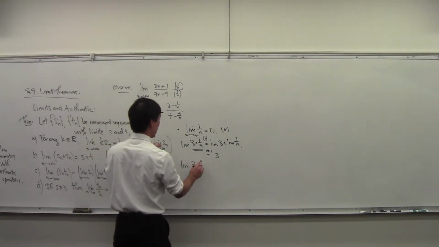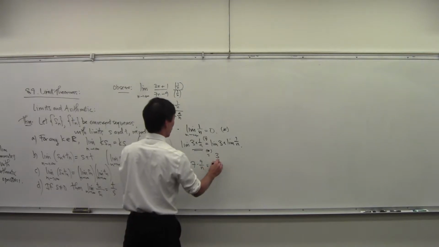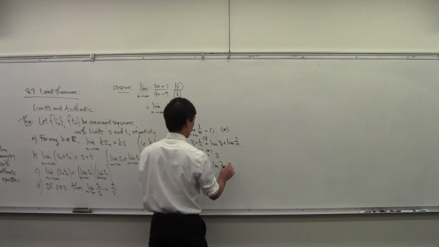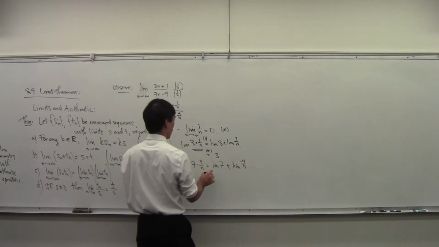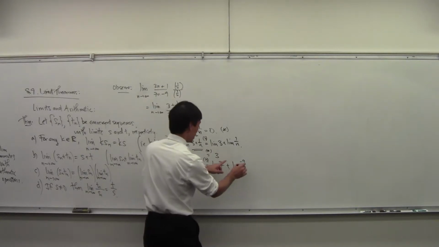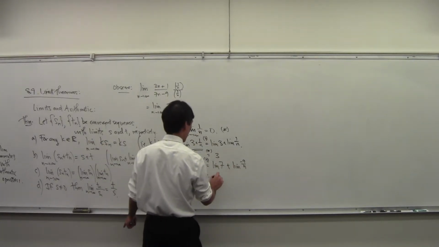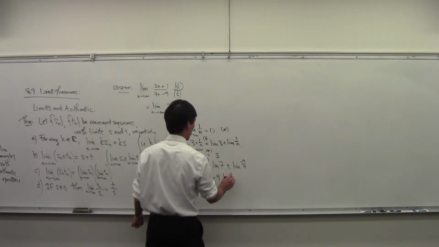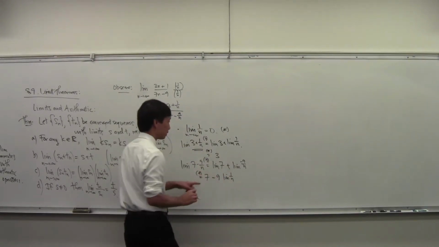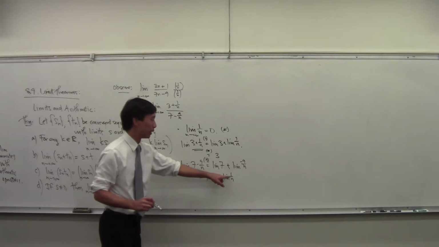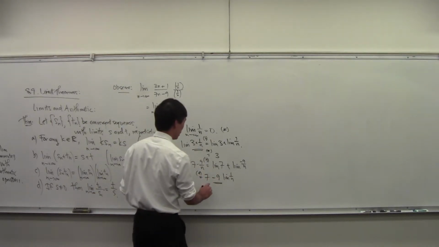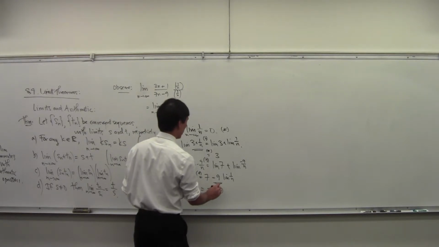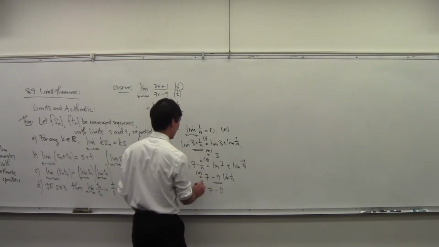The limit of 7 minus 9 over n equals the limit of 7 plus the limit of negative 9 over n, again by B, which is 7. And then here you would have to use property A, minus 9 times the limit of 1 over n, because you have to pull out that negative 9. And you get 7 minus 0 by star.